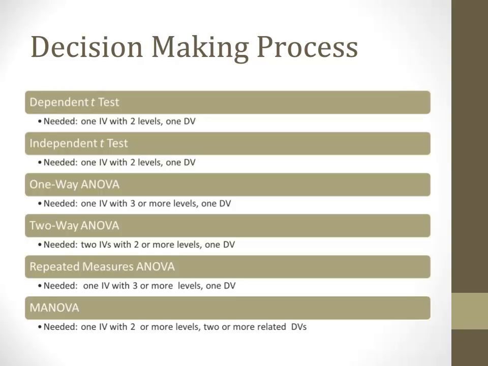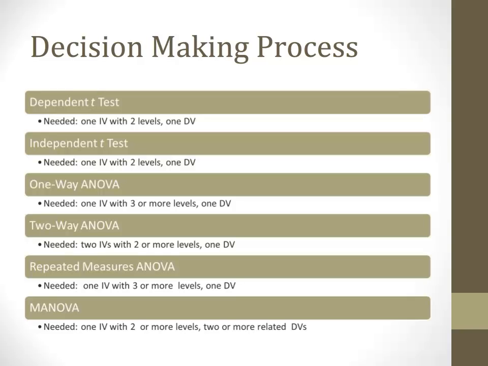So for example, we may say, do university students differ in their statistics final exam scores based on both the type of course they take, online or residential, as well as their gender, whether they're male or female? So for the two-way ANOVA, we need two independent variables that have at least two groups or two levels, and one dependent variable.